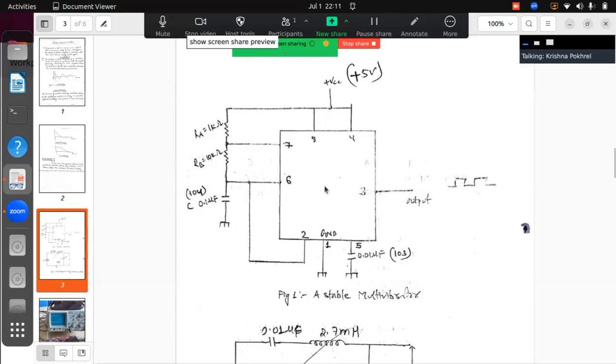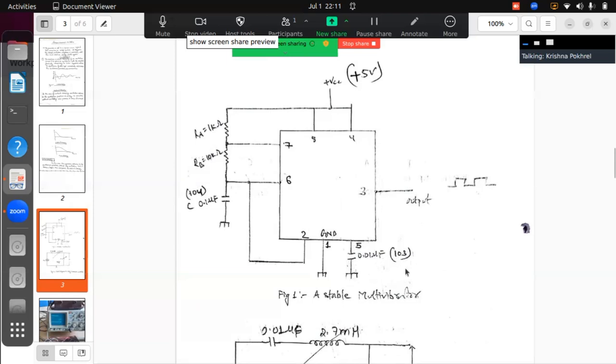Actually, this is an IC 555. In more detail, if you want to know about this, you can click on the I button or the description box for the multivibrator video. Pin 1 goes to the ground, and from pin 5 you connect a 0.01 microfarad, that is a 103 capacitor, to the ground.